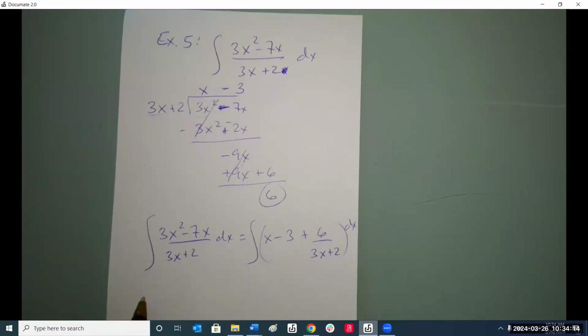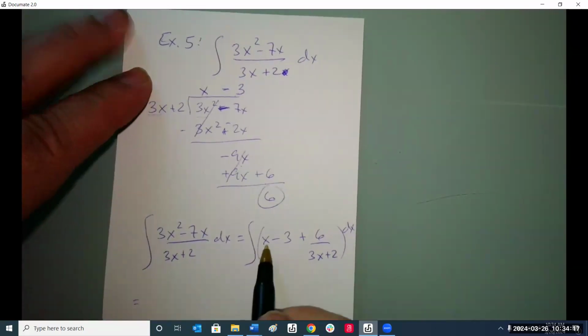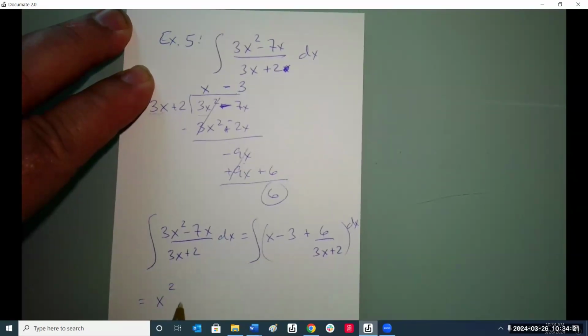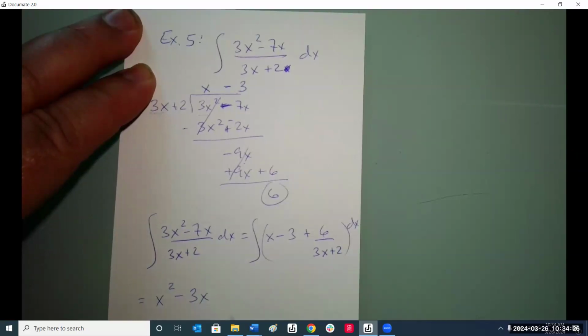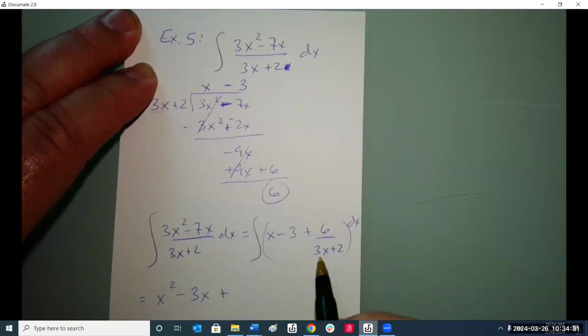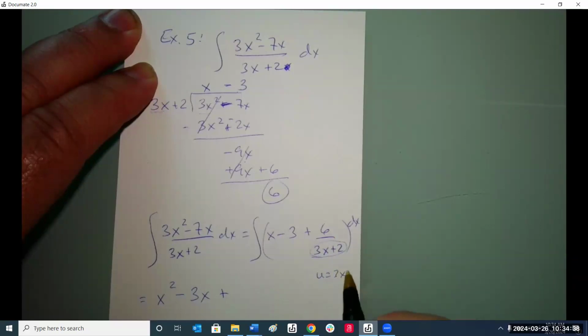All right, so now we could do those in parts. The integral of x is x squared over 2. Integral of 3 is 3x, plus, we could use substitution here. So this is u, du is 3. 6 is made up of 2 times 3. So we can take the 2 and put it out in front.